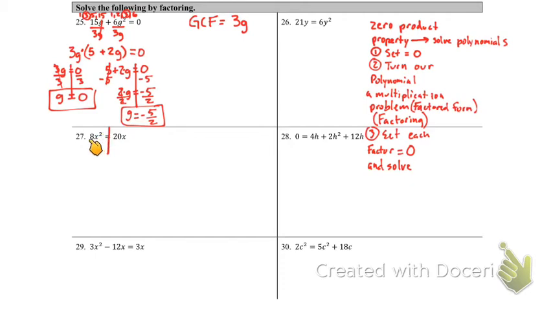To keep him positive, he's already positive, so we do not want to move him. What we want to do is move the other term, which is the lower power term, and we can move him because we don't care if he's negative. So in other words, we want to keep the highest power term positive if you have to set equal to 0. So for this particular example, that means I want to move the 20x.